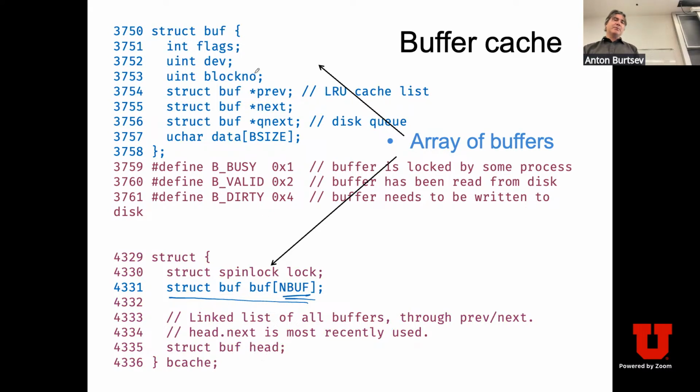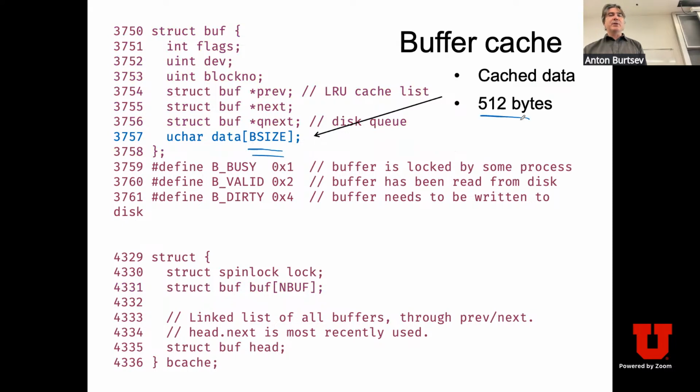And each buffer is this data structure. It will represent a buffer which we read from a disk, right? So essentially this B size field is 512. It matches what we read, right? So when we read something from disk, we will read into this array, right?